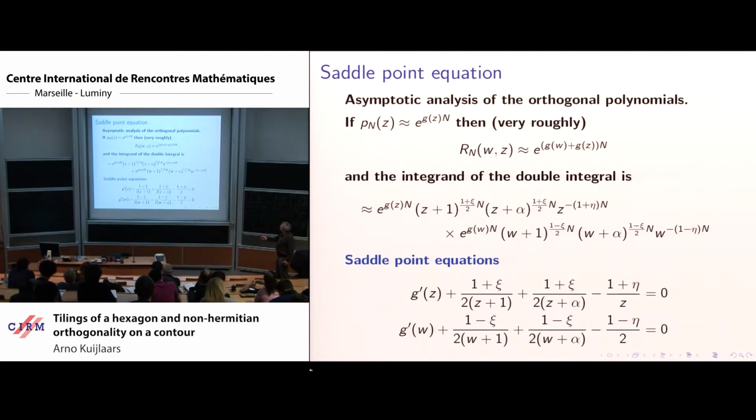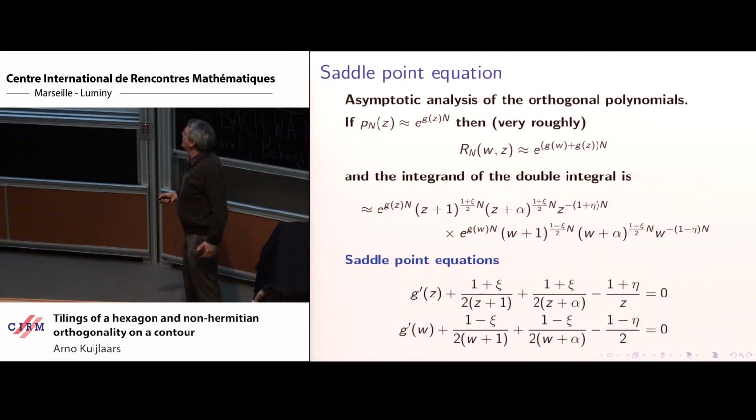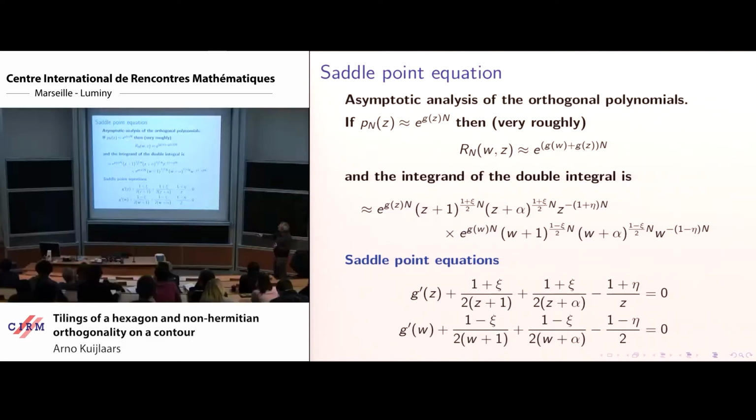It will turn out that these polynomials, if we let capital N grow, and we have to also remember that capital N is now the degree of the polynomial, but the orthogonality weight also varies with capital N, right? So it's orthogonality with respect to varying weights as well, but there's a function g depending on z, and our polynomial would roughly grow like this if capital N gets large, or it can decay as well.